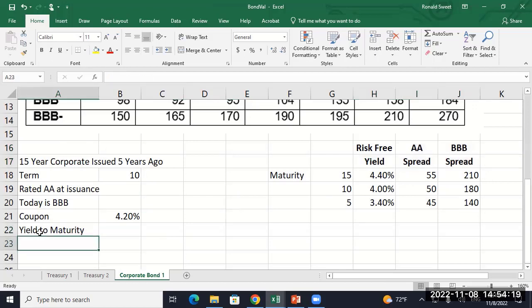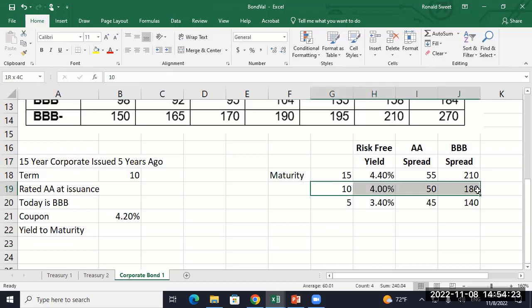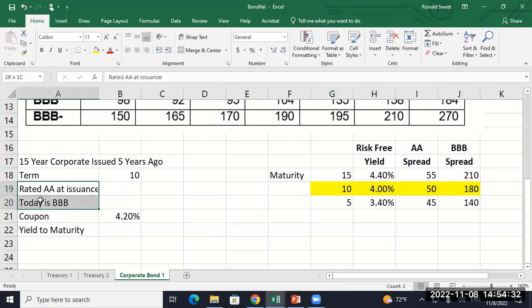Right. So first of all, what time period are we looking at? Just 10 years, right? Everybody agree with that? We don't care about the 15. I don't know why I gave you the 5, but 10 years. And what credit quality do we care about? BBB. So the key is we only care about where it is today. That's all that matters to figure out this bond.